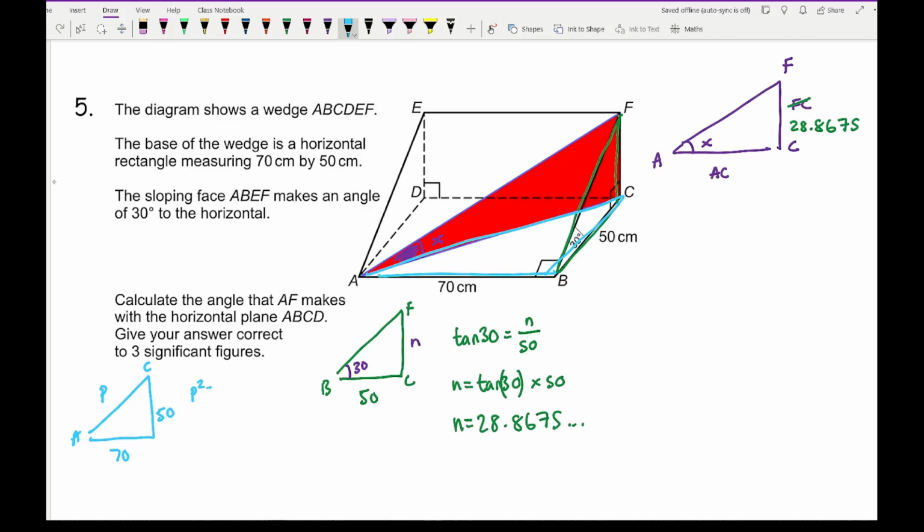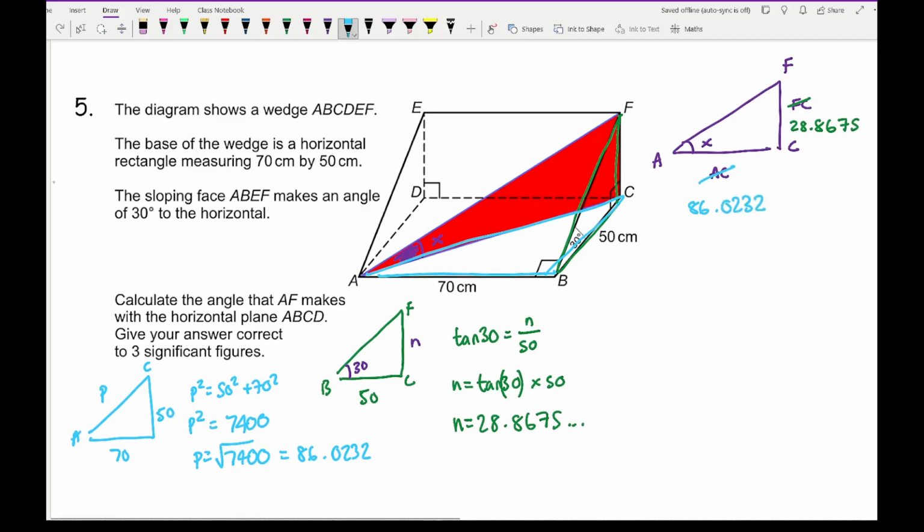So P squared equals 50 squared plus 70 squared, which equals 7,400. So P equals the square root of 7,400, which as a decimal gives me 86.0232.